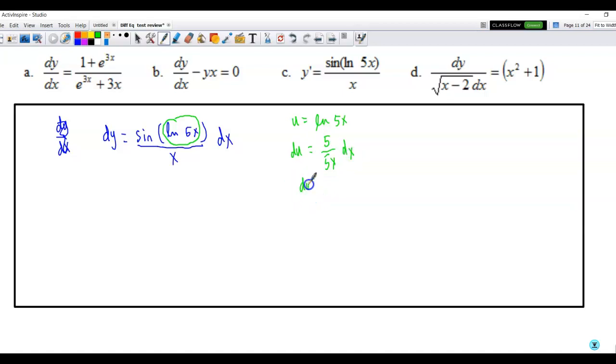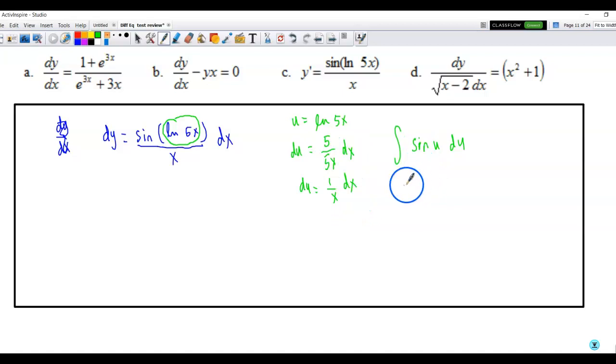Of course, that is 1 over x dx when we reduce, which works out perfectly because I have a 1 over x. So my new integral by substitution then becomes the antiderivative of sine u du. Everything got replaced, yep, that was replaceable.